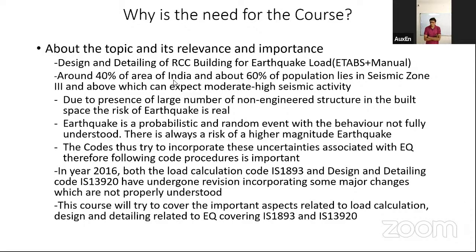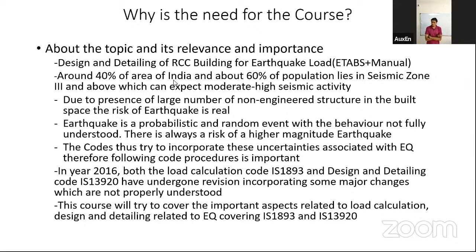So in this course, first of all, we will try to understand these codes. We will try to understand how earthquake load can be calculated, how that earthquake load is to be applied on buildings, and what are the effects that we need to check for earthquake loads. That is the first aspect that we would like to cover.